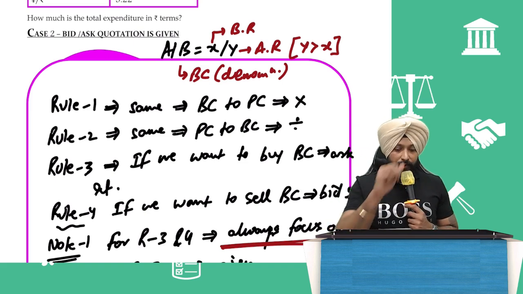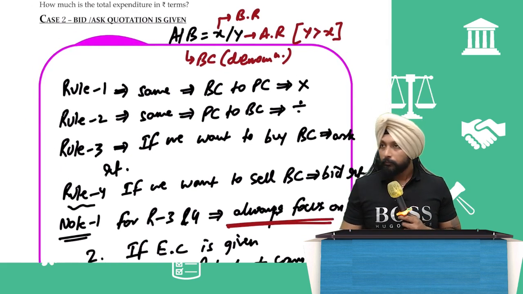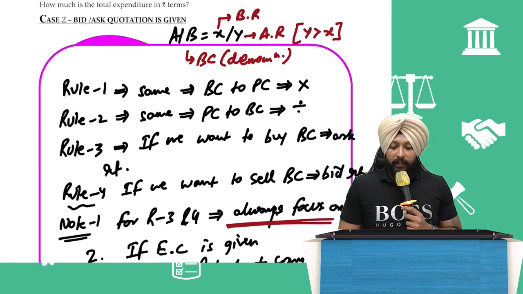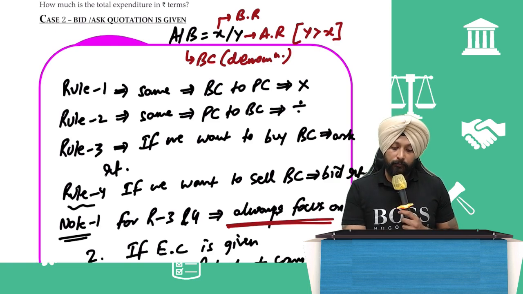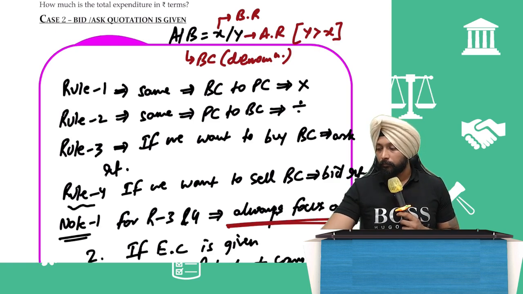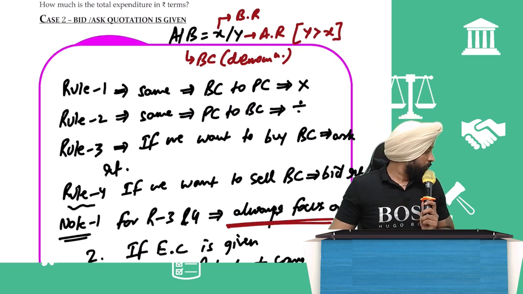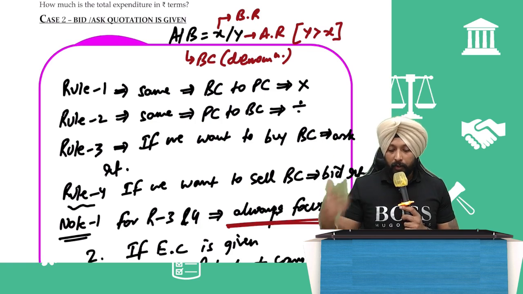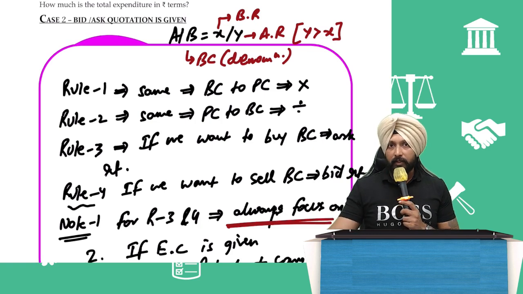Bid oblique ask quotation is given. A oblique B is equal to X oblique Y. Okay, so under B you just write base currency and bracket denominator, because we want base currency in the denominator.